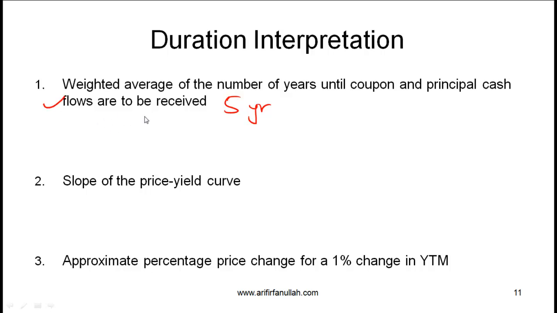Even in tools like Excel, duration is calculated using this somewhat intuitive approach, where for a given bond you look at the various cash flows and then you come up with the weighted average of the years until the coupon and principal cash flows are to be received. We don't need to go into the details of this mechanism.